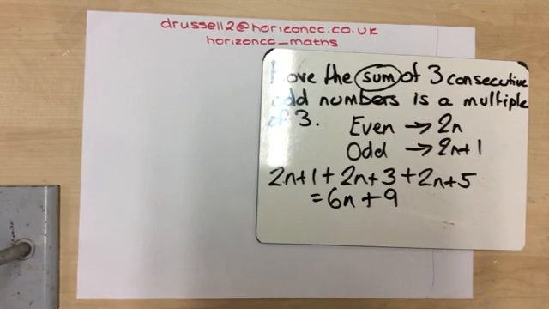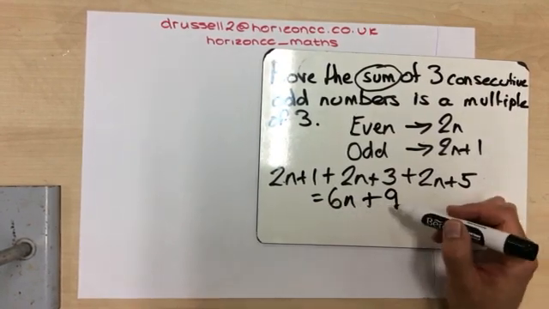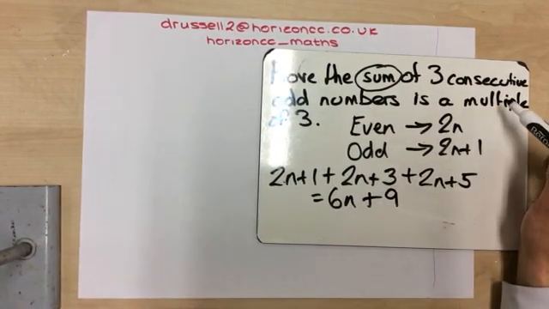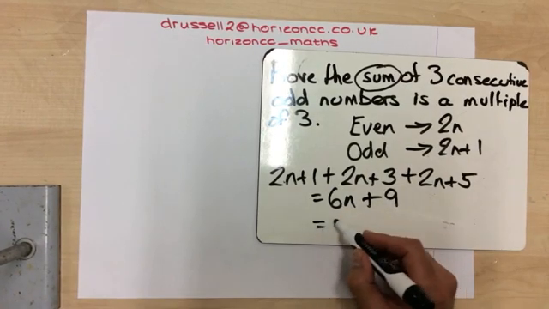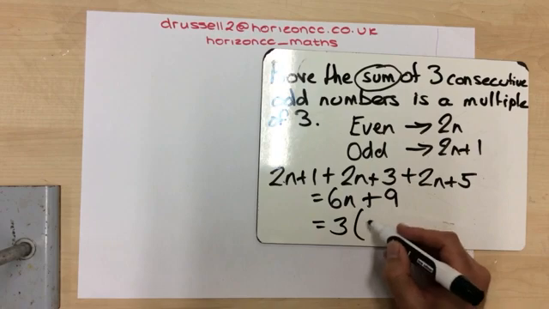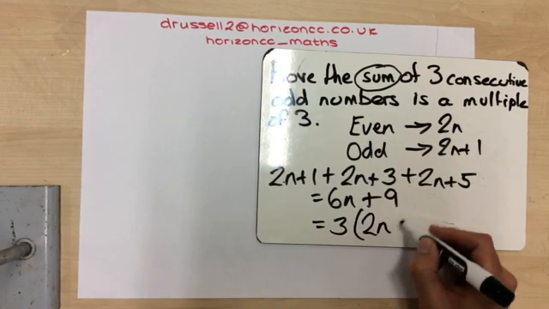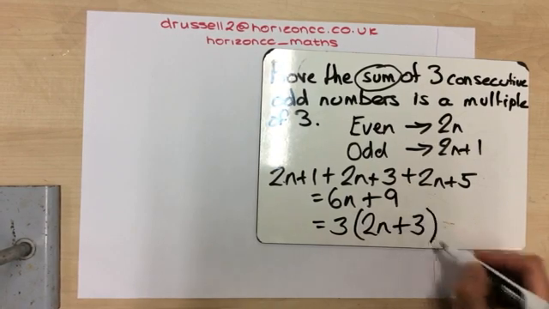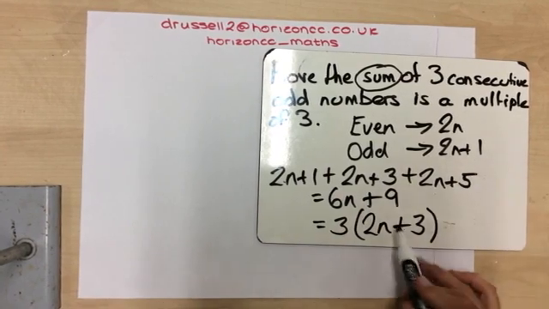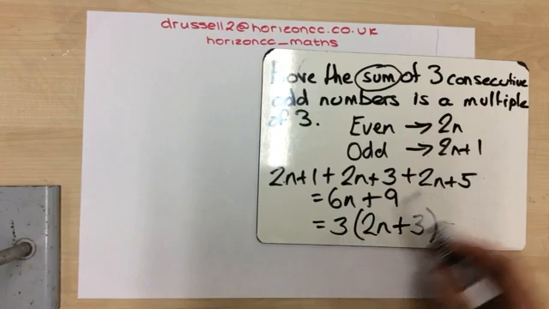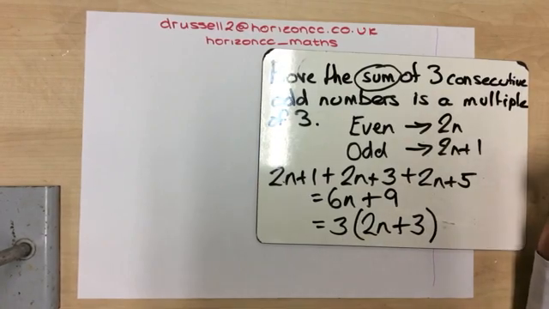Our expression is 6n plus 9. To show that that's a multiple of 3, we need to take out a factor of 3 and into a single bracket 2n plus 3. At that point, you've shown to your examiner that anything multiplied by 3 must be a multiple of it.